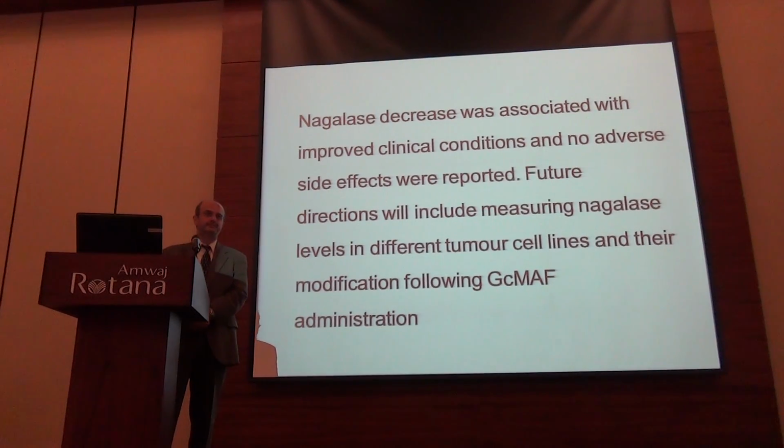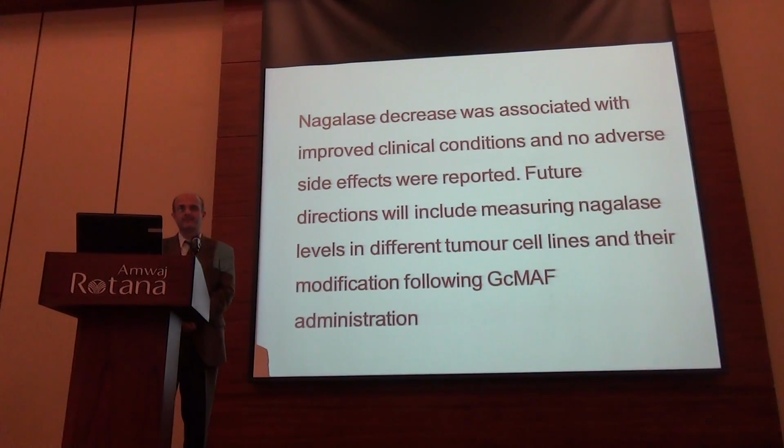Thanks. Yes. Do you think nagalase levels would be specific to races, say a population of Indians, or will it differ? Different ethnicities, you mean, or diseases? You mean in healthy people? Yeah.